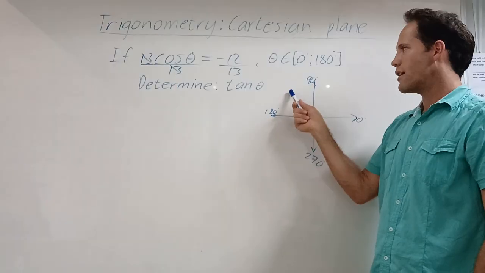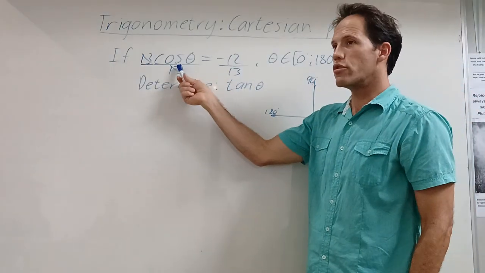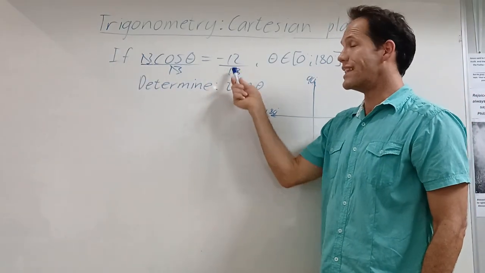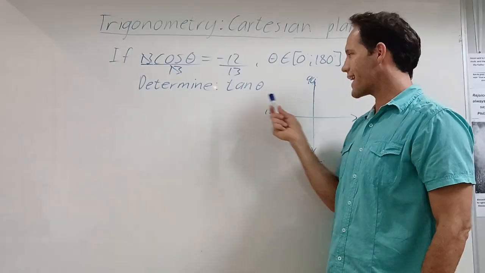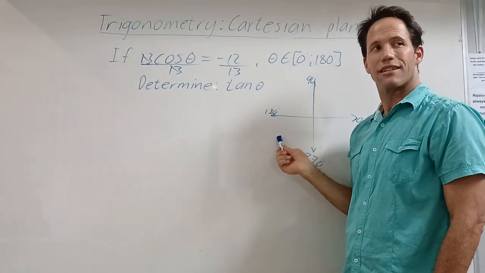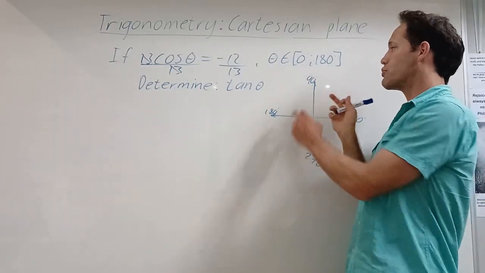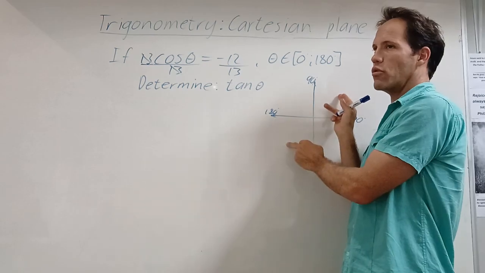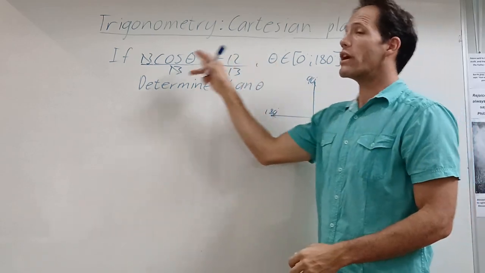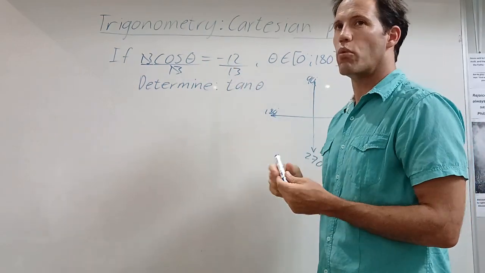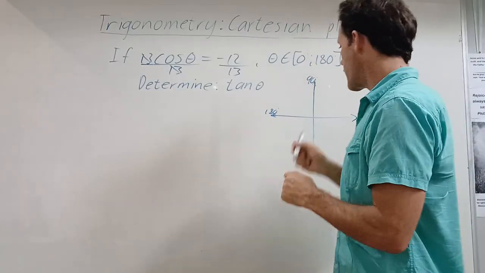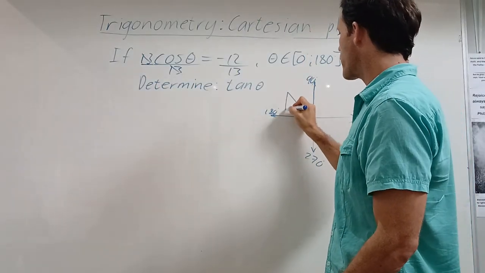Obviously there. The first clue told us that it's negative, so it can be here or there. But the second clue is that it has to be between 0 and 180, so it can't be here anymore. When you get the question, the first challenge is to see where you must draw the triangle. And now we know we must draw the triangle over there.